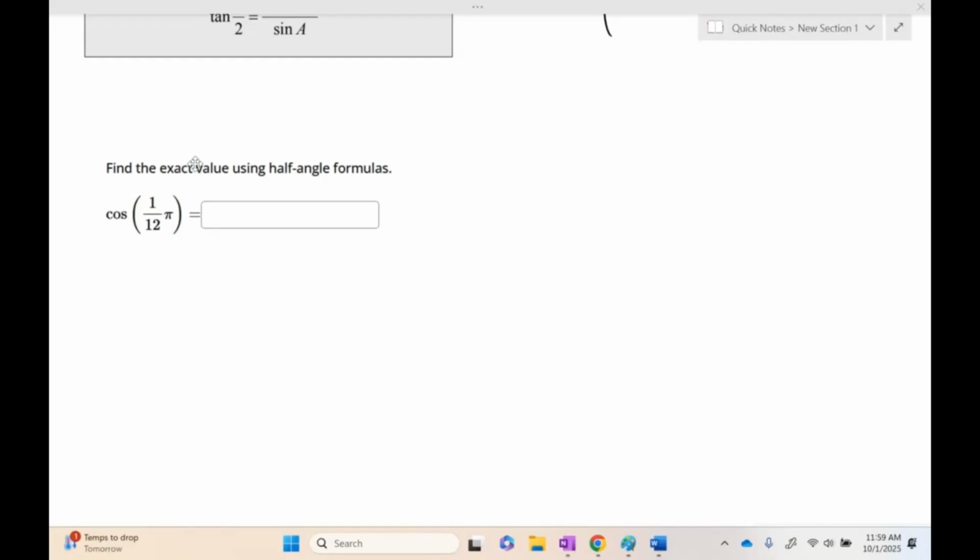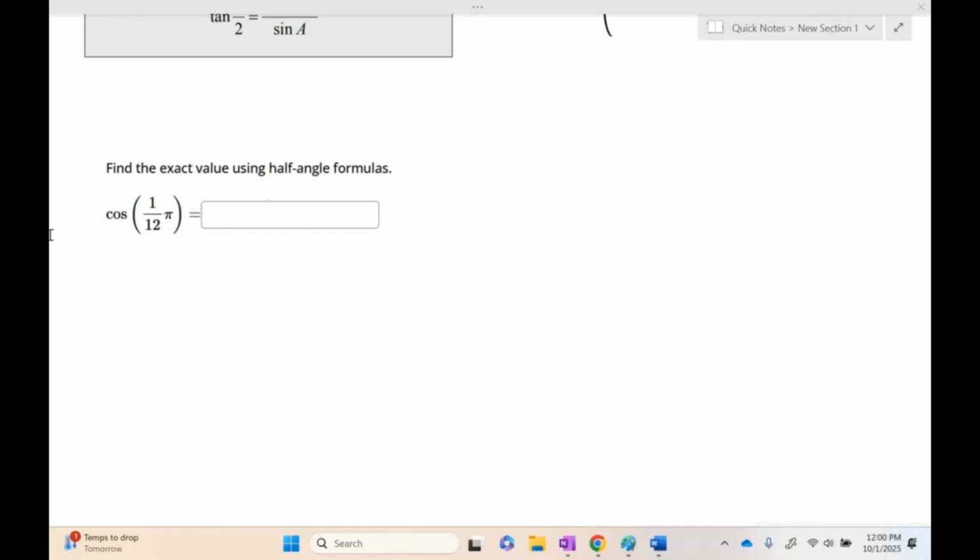Because you could probably use a sum and difference, but then the numerical answer is going to look totally different. You'll see once you do these homework problems, hey, I answered the same question in section 3.1, but the answers look totally different. That's because the formulas you're using make the answers look different, but numerically it's the same value.